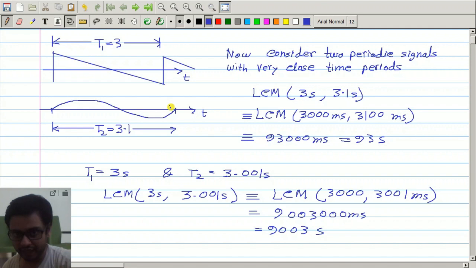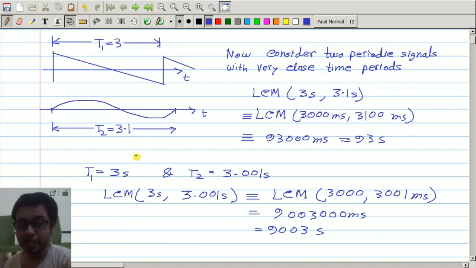In this way, if you make the gap or the difference between these two time periods even smaller, then you can create a periodic signal by adding these two, which will have an even longer time period.